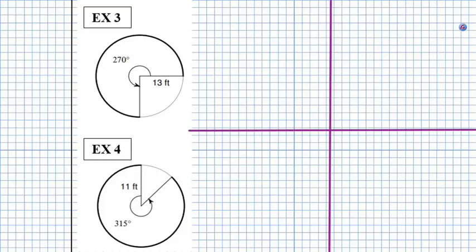All right, so for example 3, we're going to see that the area is equal to, again, 270 and 13 are given, so we have 270 over 360 times pi r squared, and our r is actually going to be 13, so 13 squared.